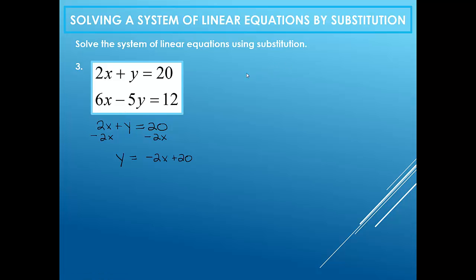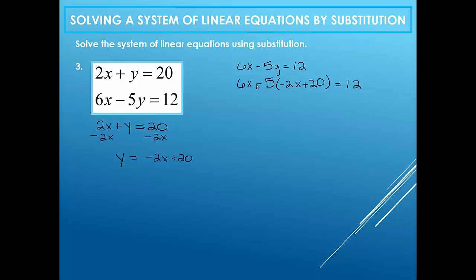So for my second equation, I have 6x minus 5y equals 12. I found out when I solved the first one that y equals negative 2x plus 20. So I'm going to have 6x minus 5, and instead of y, I will put negative 2x plus 20. And then that would be equal to 12.